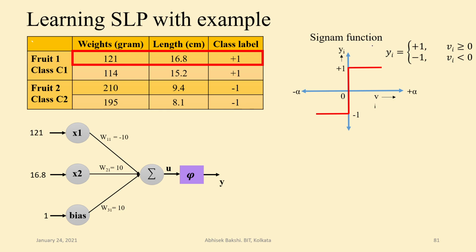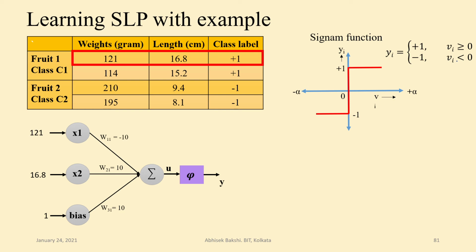I hope you have an idea about this signum function. We have already discussed it in my previous class. If you don't have any idea about the activation functions, you can check those in my previous lecture video. The signum function is nothing but yi equal to either +1 or -1 if this vi is greater than or equal to 0 or lesser than 0. So there will be no other value between +1 and -1.